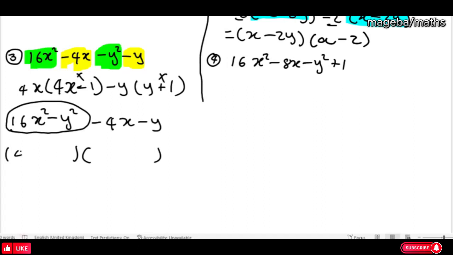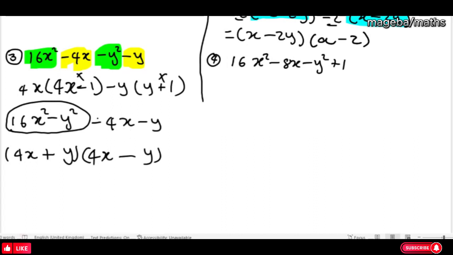So I have 4 here and 4 also here. The square root of x squared is just x and x. And then what is the square root of y squared? It's just y and y. And then for the difference of two squares, one bracket is going to be positive, another bracket is going to be negative, and then after that we're done.